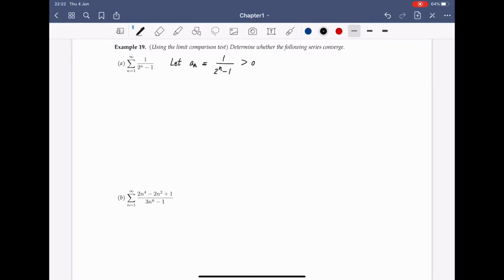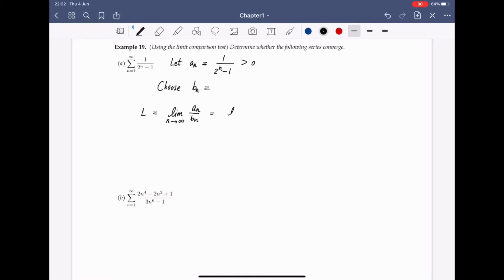After that, we need to choose our b_n, but we are going to skip choosing b_n first and come back later. Let's move on to computing L, which is the limit of a_n over b_n, where n goes to infinity.